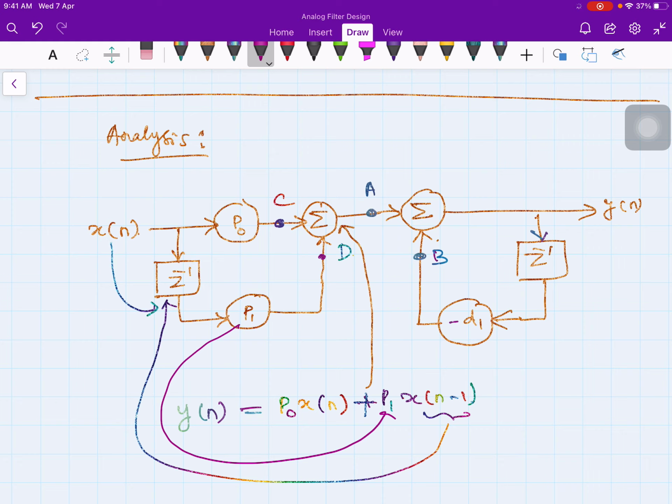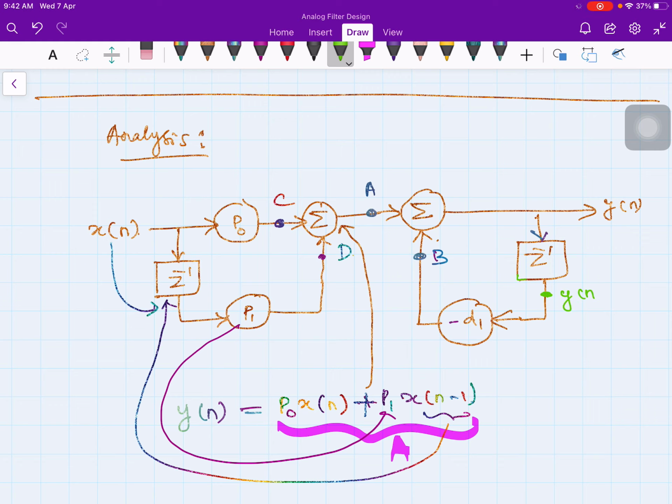Okay, so this is what I will get at the point A, and then at point B, this y of n is delayed by one sample. So y of n minus 1 is delayed, and this y of n minus 1 is multiplied by minus d1, therefore minus d1 times y of n minus 1.